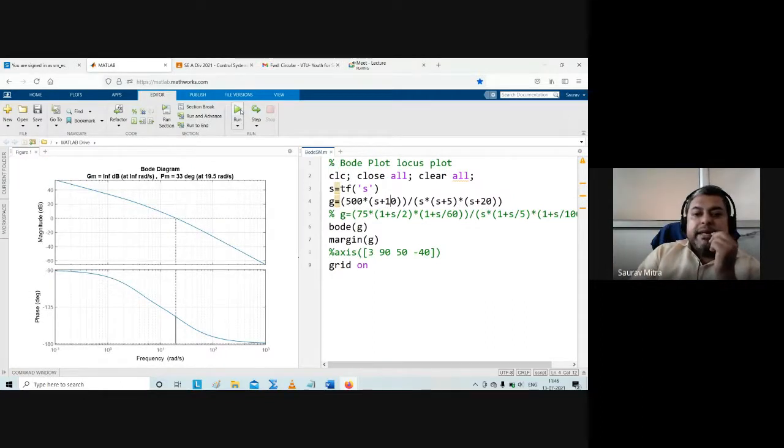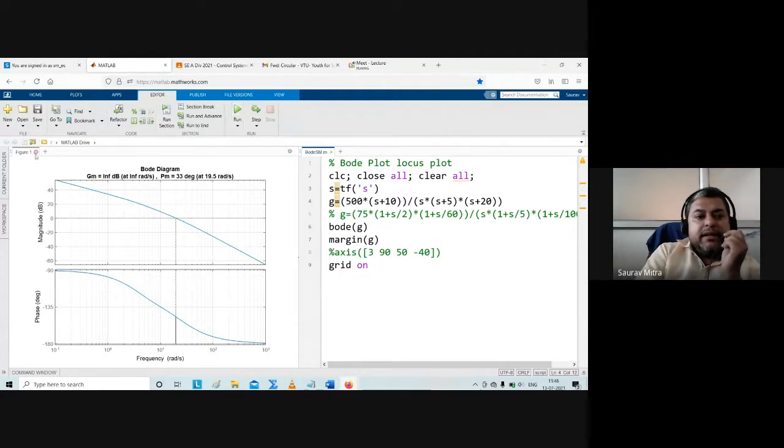Now we have made it 10 and we are finding that the phase margin is around 30. So now there is one pole, then one zero, and then another pole. Likewise, we are getting system stability. There are 2-3 minutes more remaining.